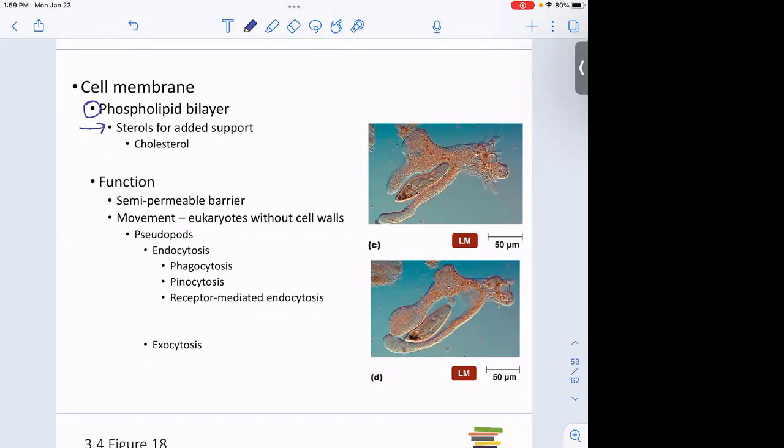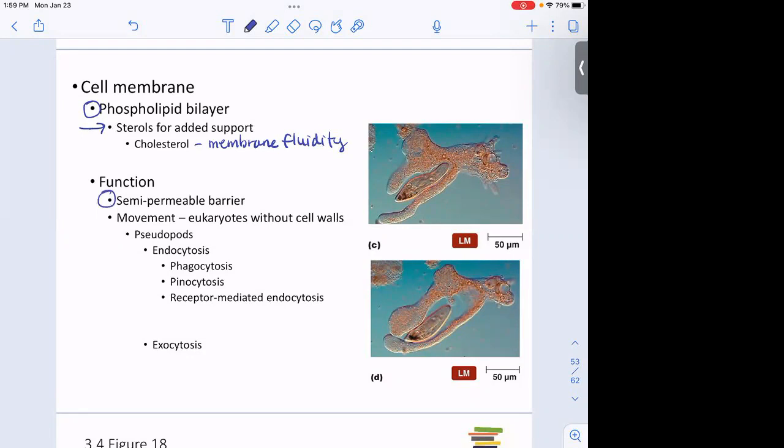Cholesterol also has many functions in our cell membranes, but helps keep that membrane fluid. Okay, we think about cholesterol as being a bad thing, but it actually is absolutely necessary. Of course, the cell membrane is a semi-permeable barrier. It lets some things in, some things not.